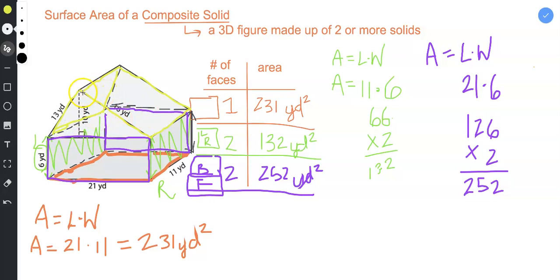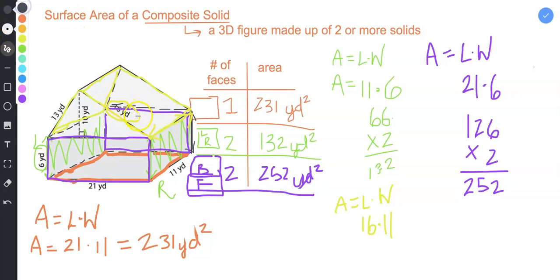Okay, so this one, the one that is larger, you see that it has a length of 16 and a width of 11 yards. So this horizontal line matches up with the 11 yards. So I write area equals length multiplied by width. The length is 16 and the width is 11.